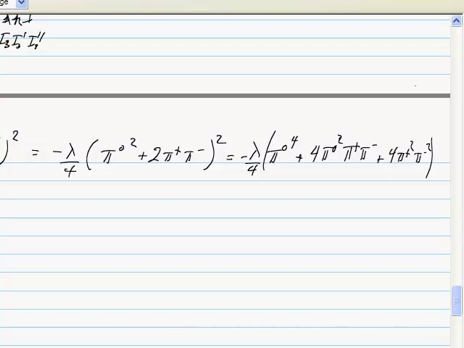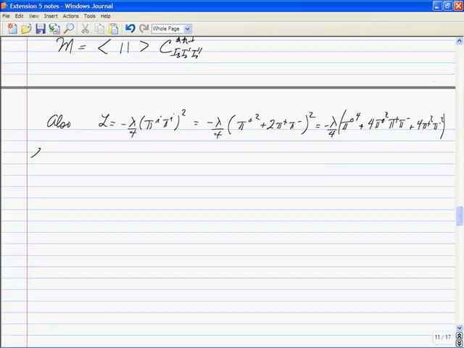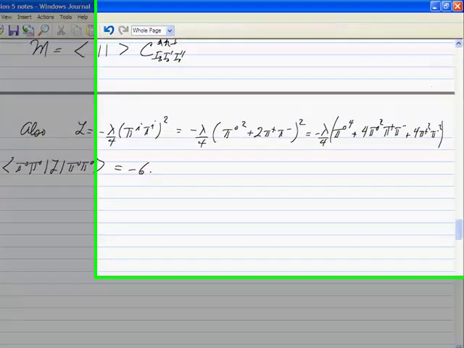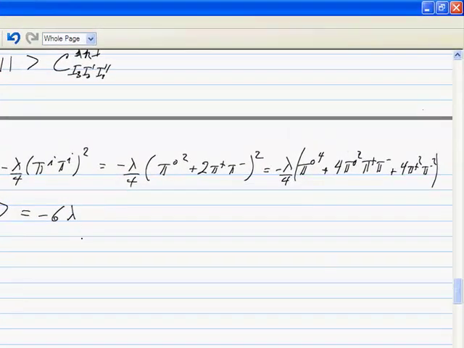The matrix elements can then be read off of this. If I want pi 0, pi 0 to pi 0, pi 0, well, that's just the first term there. This is just lambda phi to the 4th, which gives me minus 6 lambda, like our usual calculation. Actually, I don't need the i there, sorry.